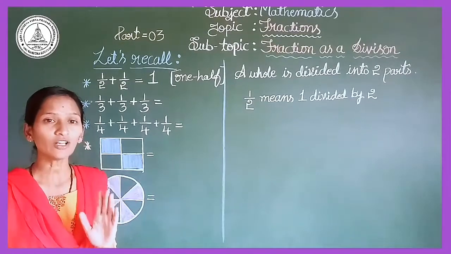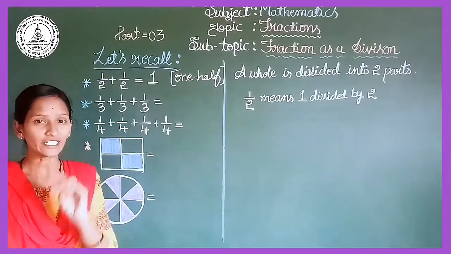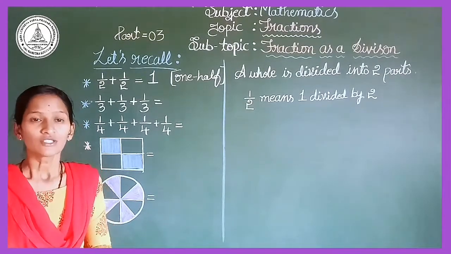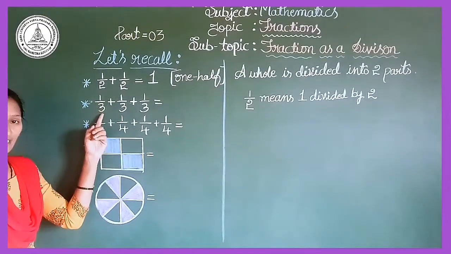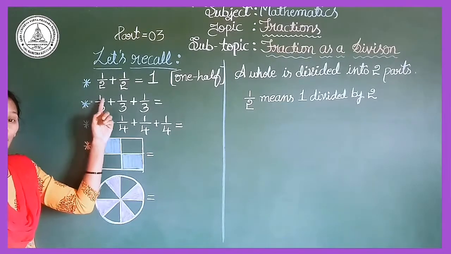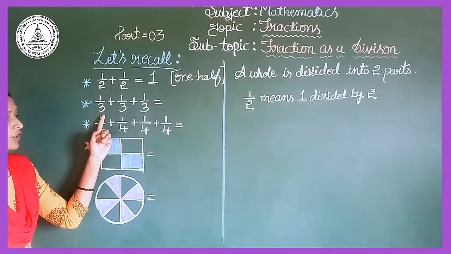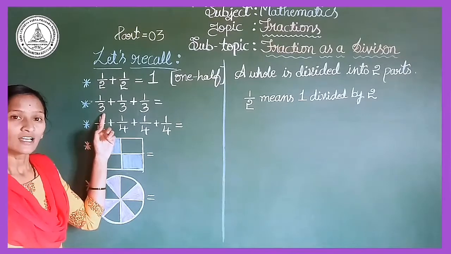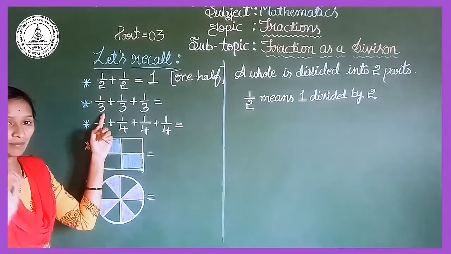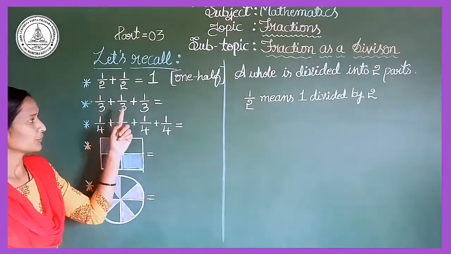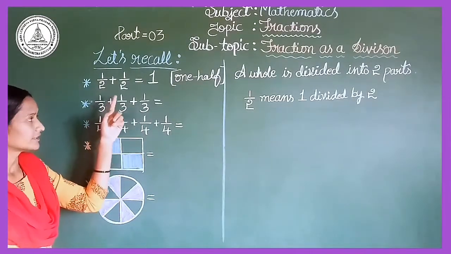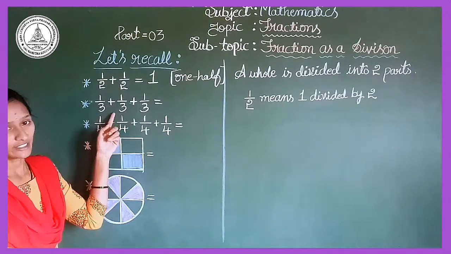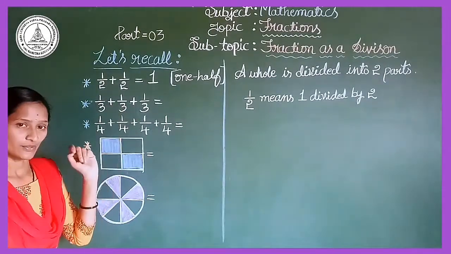See here, now come to the 1/3 fraction. The same whole we divided into three equal parts, right? So each part we call 1/3. How many parts did we make here? Three parts, 1, 2, 3. This is one part out of three equal parts. This is also one part out of three equal parts, and this one is also.